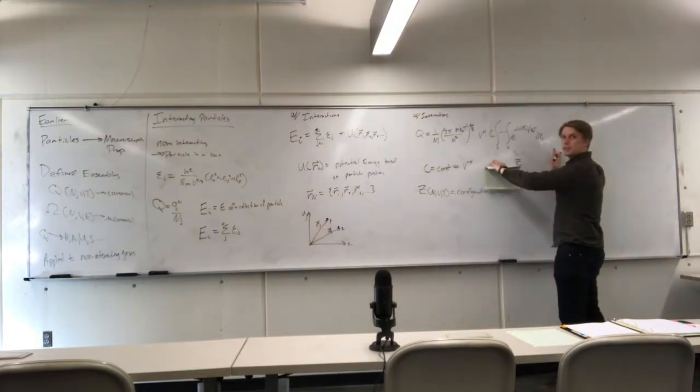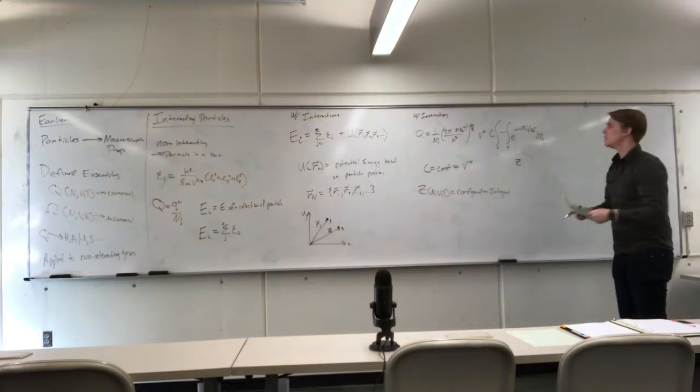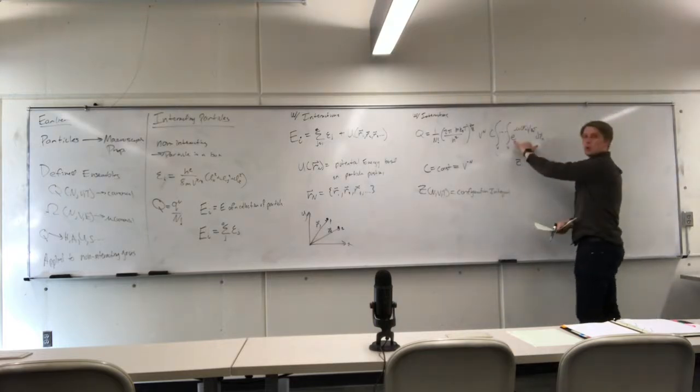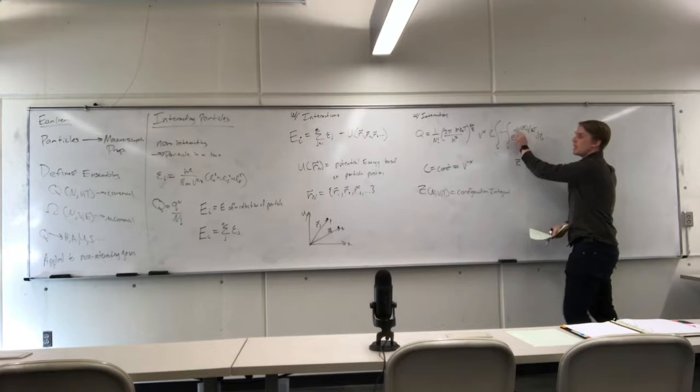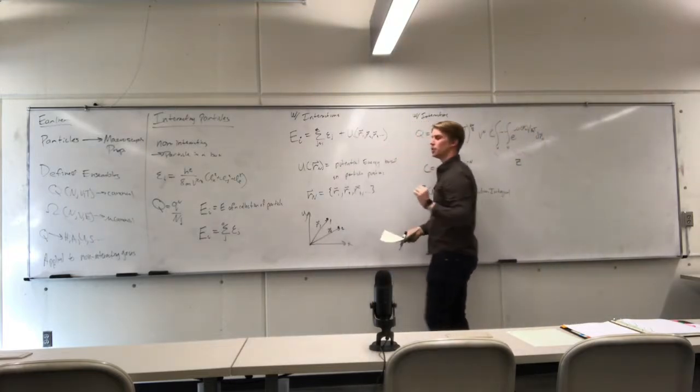This expression, we haven't been able to integrate it yet because we still have the Boltzmann factor, or the Boltzmann distribution, e to the energy of the configuration normalized by kBT. So this U_N is the potential energy that is based on all of the relative positions of the particles.